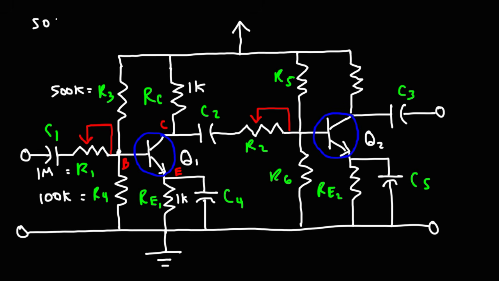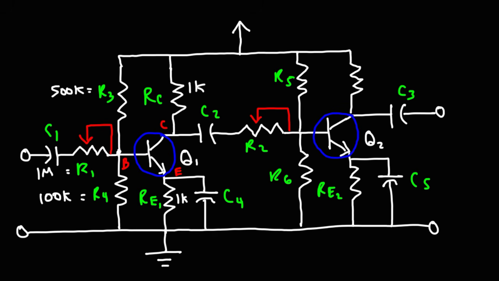If you divide 500K by 1K plus 1K, or 2K, that gives you 250, which is a decent current gain for the first stage of the amplifier. Now, beta won't be exactly 250, but at least it gives me a ballpark figure of what it could be.